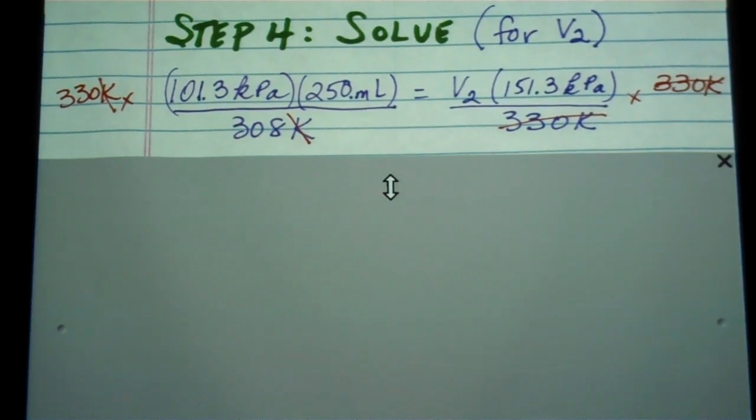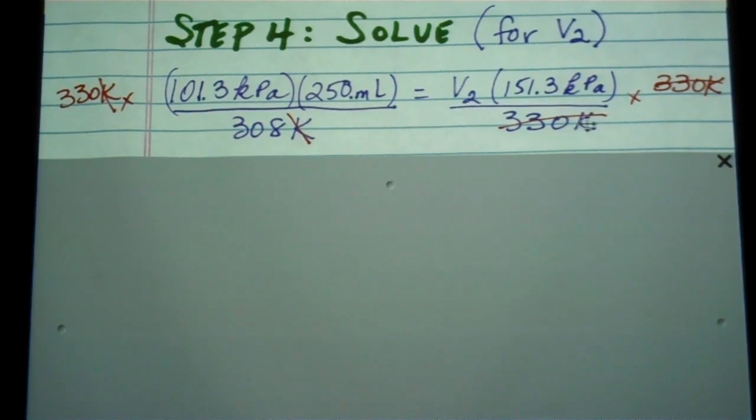We want to get rid of the 330 Kelvin. So we multiply both sides by 330. The 330s cancel along with the unit Kelvin. Kelvins cancel on the other side.